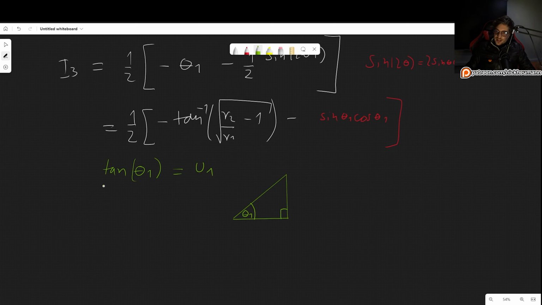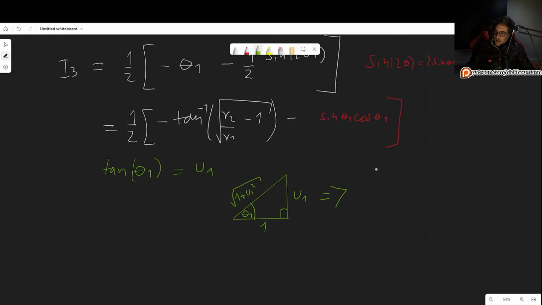Then if the tangent of theta 1 is u1, it means that the opposite side divided by the adjacent side has to be equal to u1. So this side is u1, this side is 1. And that means, of course, that this other side is the square root of 1 plus u1 squared.